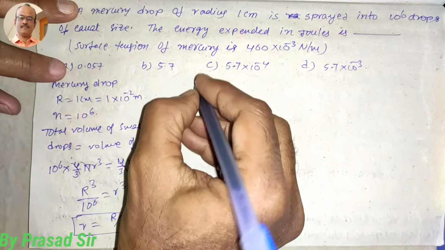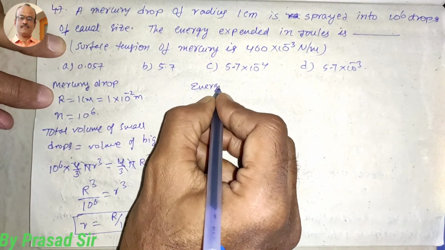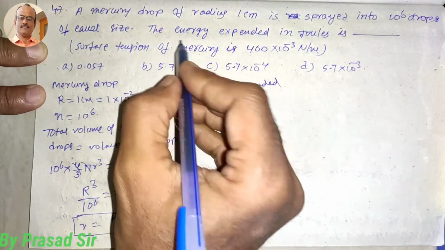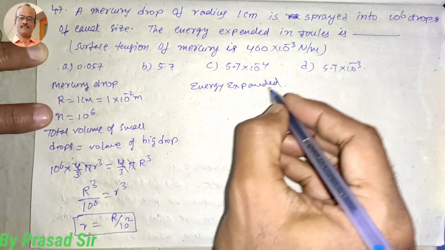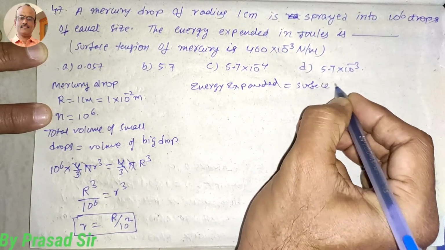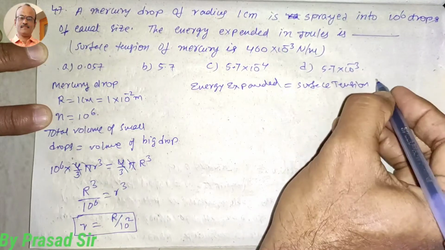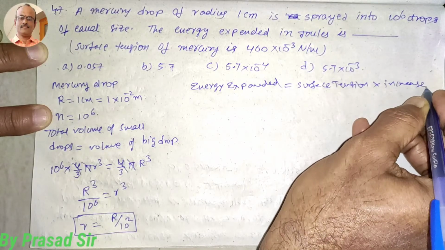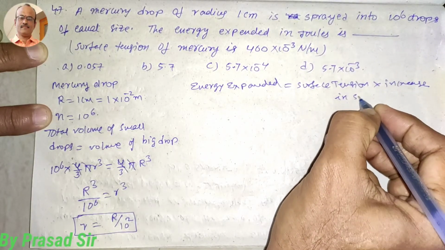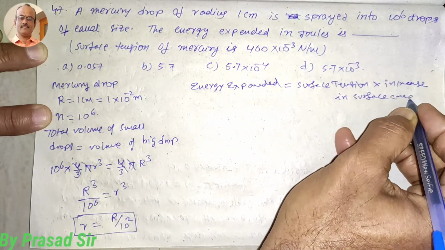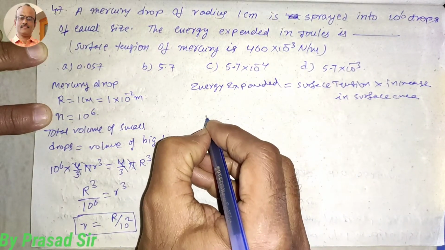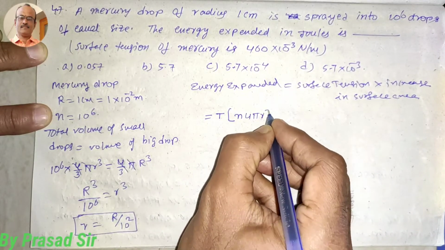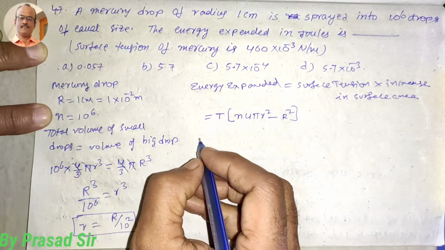Now one thing to remember here, energy expended. Energy expended is equal to surface tension into increase in surface area. So that is T, surface tension, into N into 4 pi r square minus 4 pi capital R square.